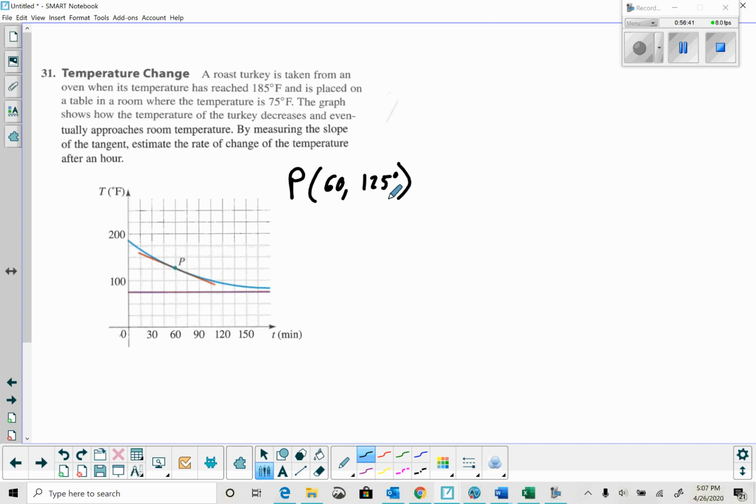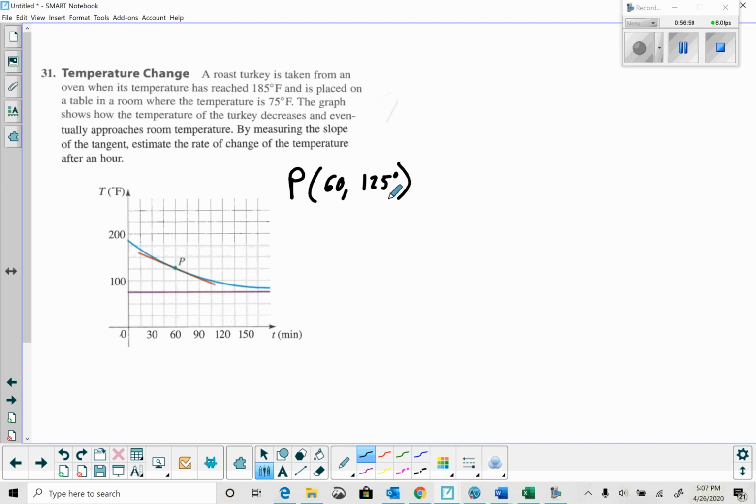They're asking us to find the slope of the tangent line. If we can come up with the coordinates of the point of tangency, that really doesn't help us when it comes to slope. For slope, we need the coordinates of 2 points, okay?